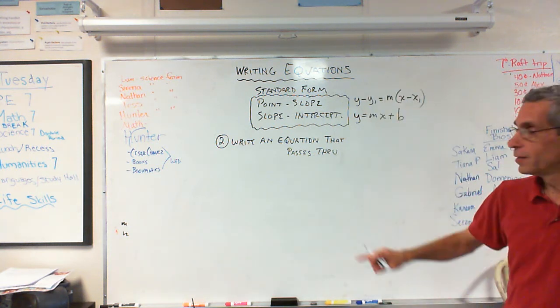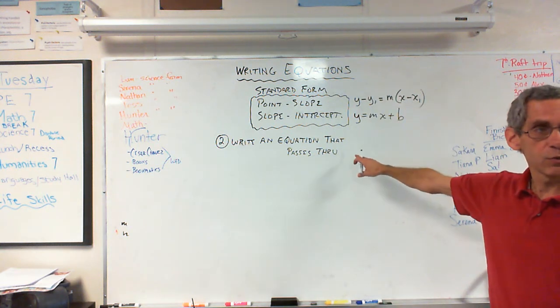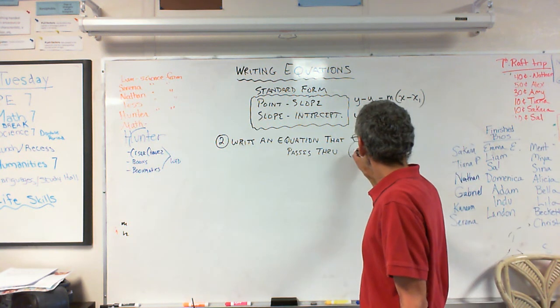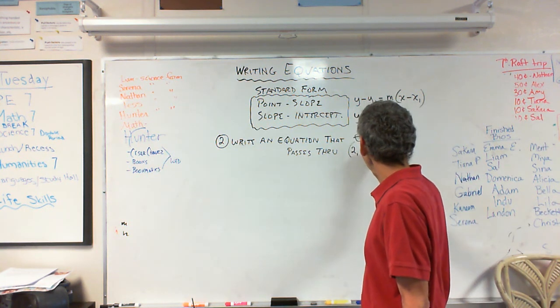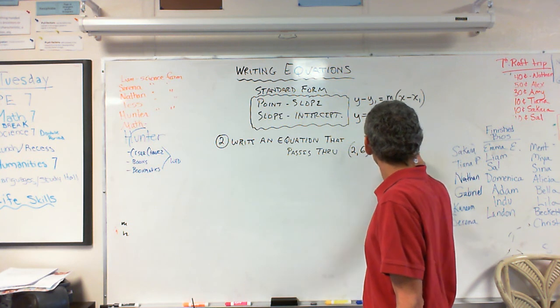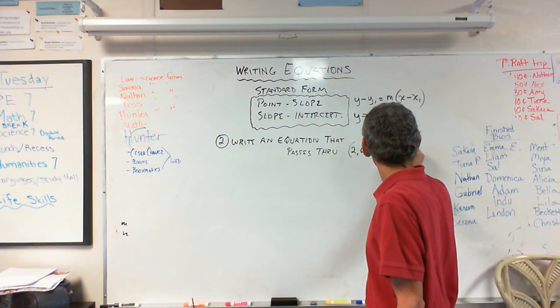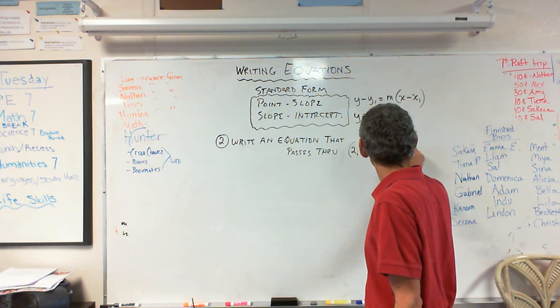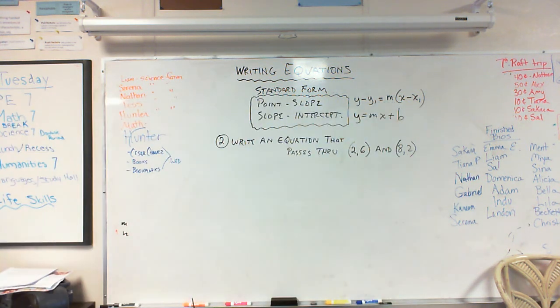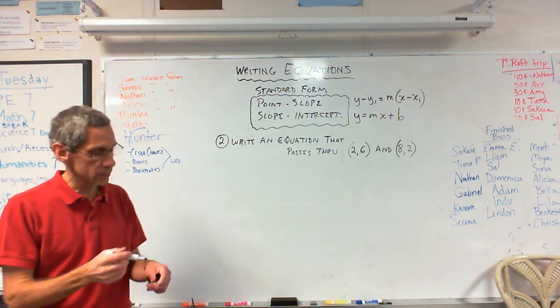Write an equation that passes through 2, 6 and 8, 2.